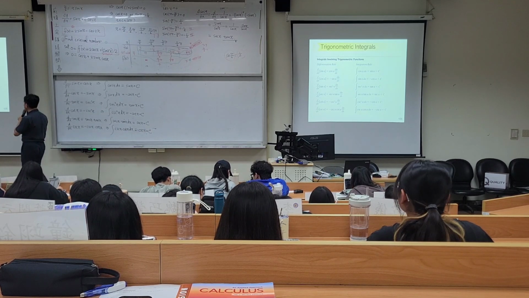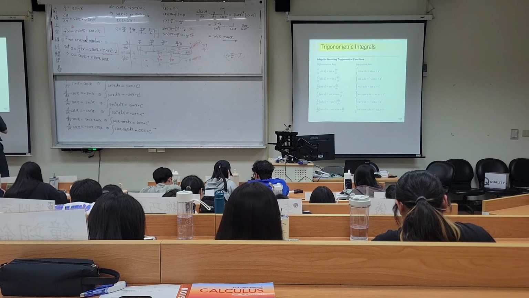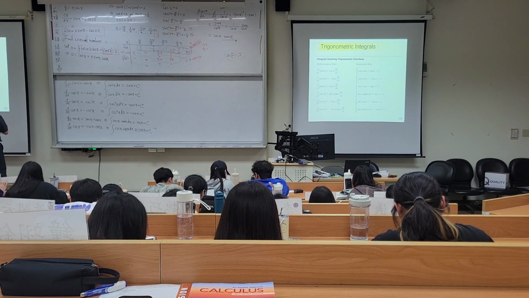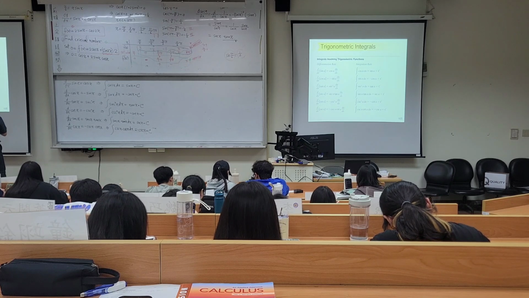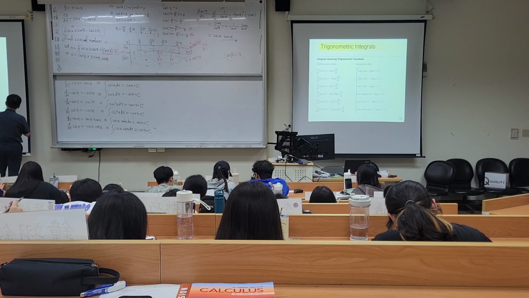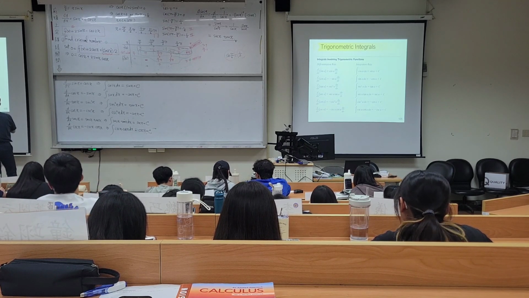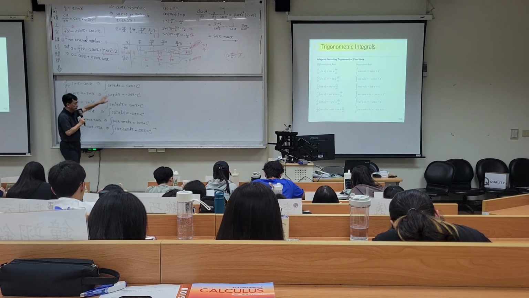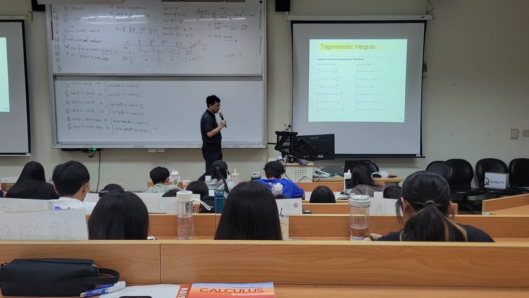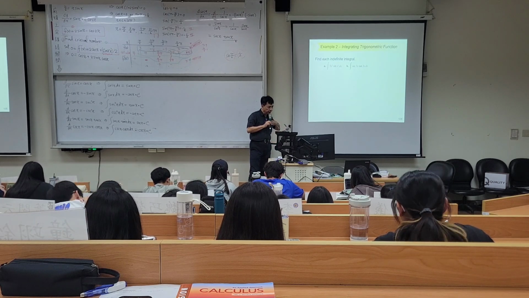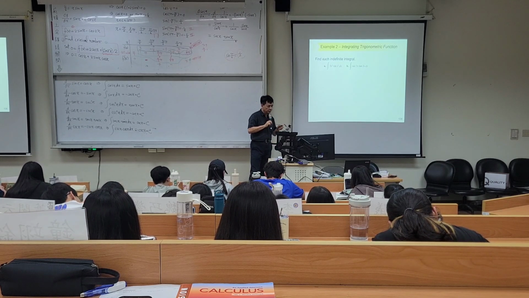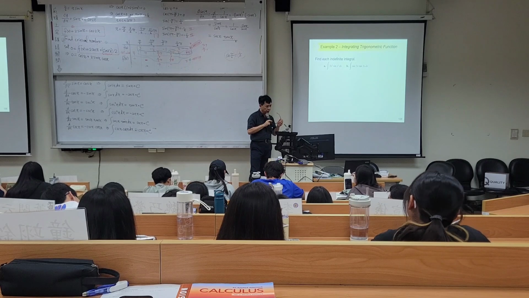Okay, so basically the integration is just the reverse of the differentiation. Okay, get the result here. Let's look at the other one. Okay, let's find the integral of these two integrals.